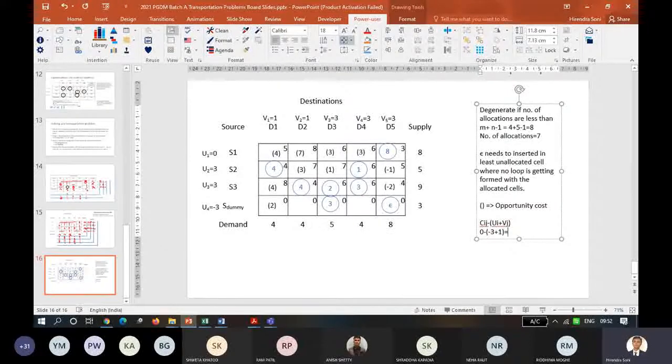So that means this becomes 0 minus of -2. That means it is 0 plus 2, which is 2. Clear?